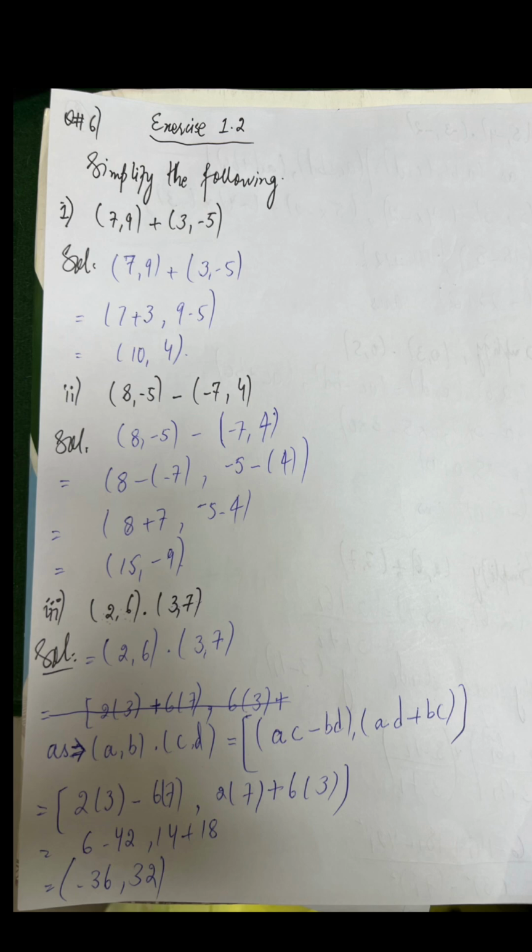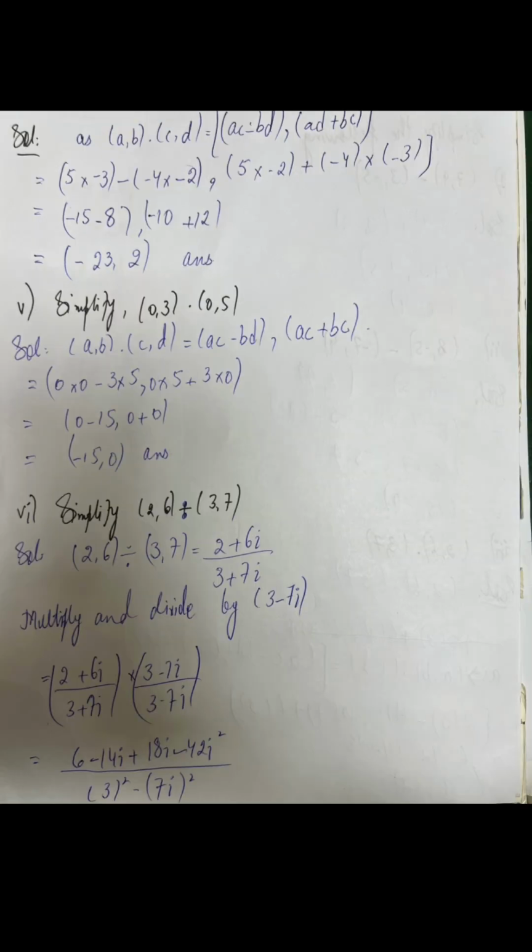You just have to put the values in this formula and get minus 36 comma positive 32. You will have the answers for similar questions, like the fourth part, 5 comma minus 4 dot minus 3 comma minus 2. Apply the formula and get the answer, minus 23 comma 2. And for the fifth part we have minus 15 comma 0.